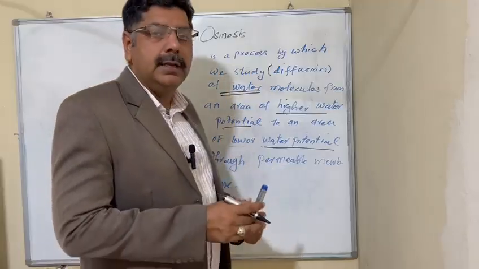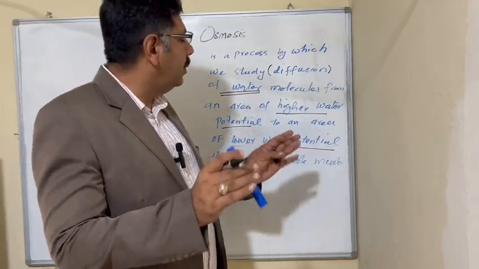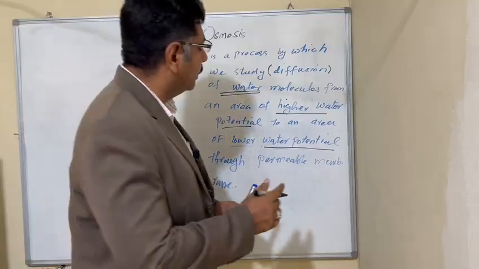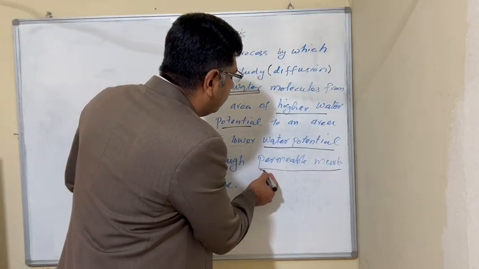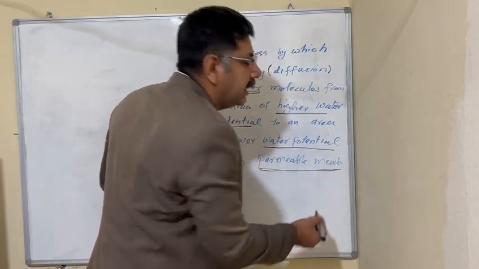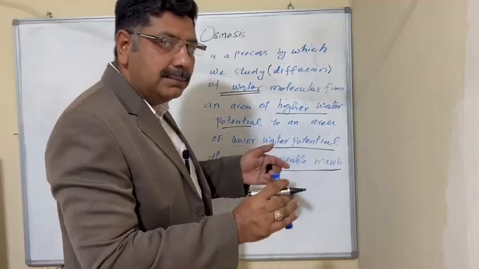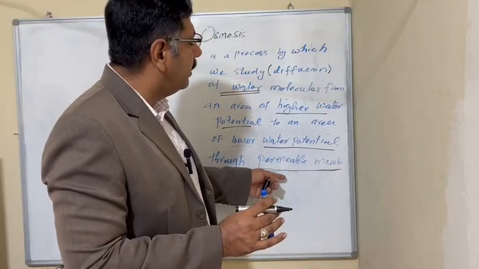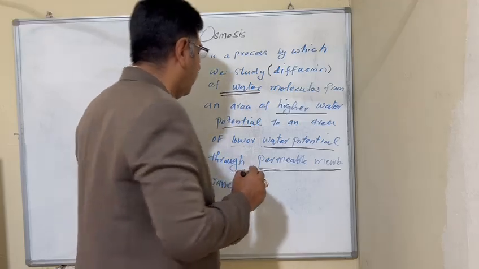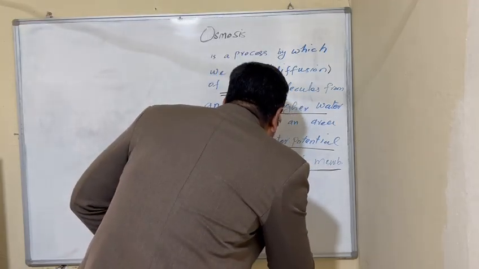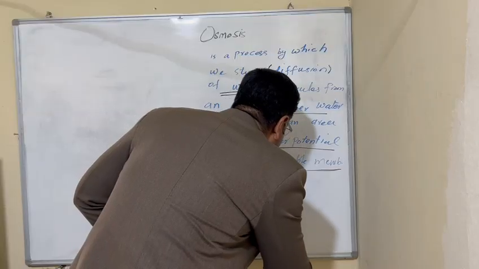In diffusion, we studied that there is no medium in between. Here, the medium is the permeable membrane. And this permeable membrane is called the cell membrane in living cells.